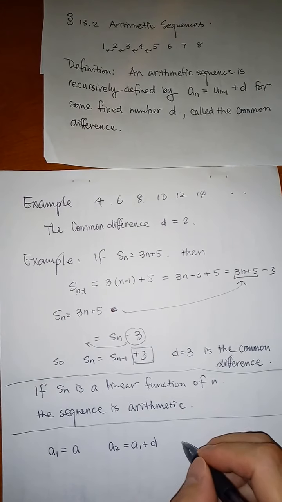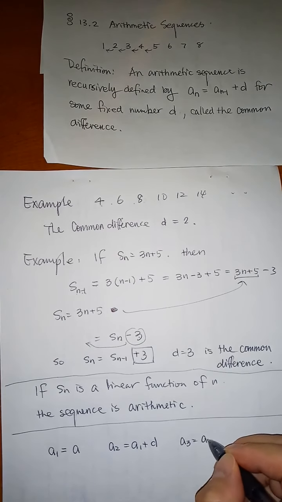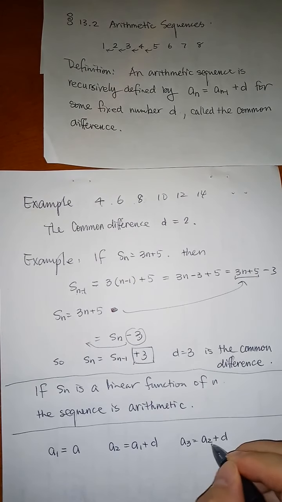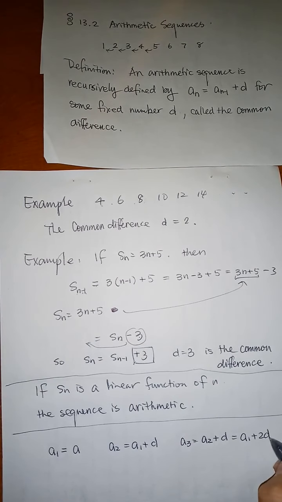Common difference. A3 is A2 plus D. Remember, it's the preceding term plus D. But A2 is A1 plus D, so it's A1 plus 2D. Right? So it's like this. You start from A1, you get a gap D, you get A2. You get another gap, you get A3. But A3 means from A1 you get 2D.